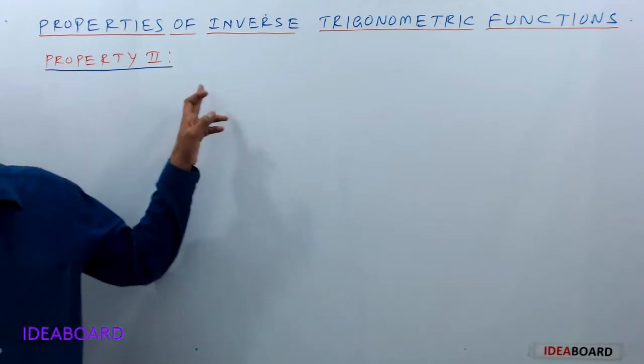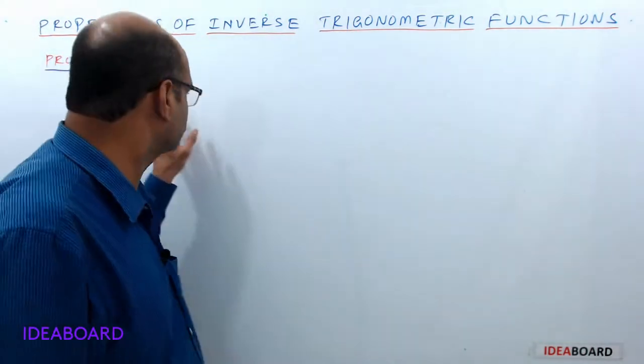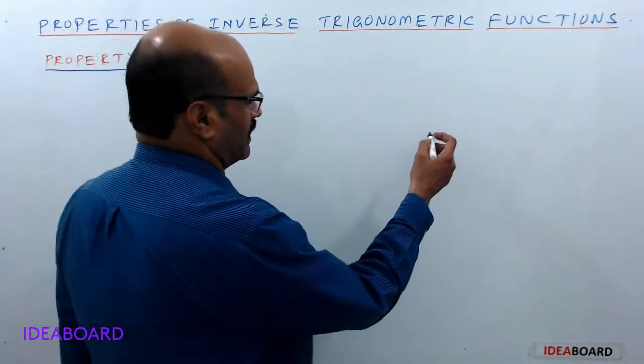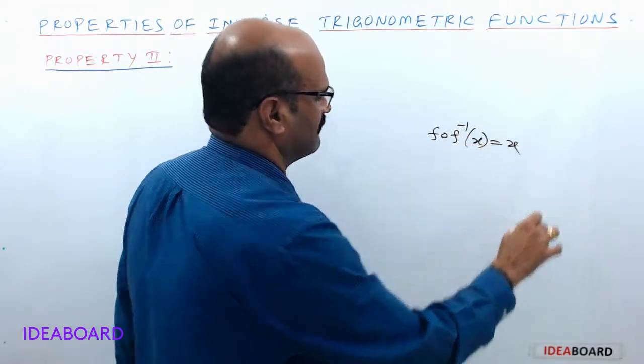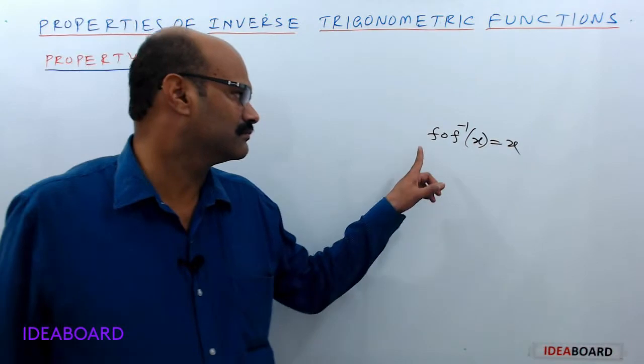Property 2. In this property, we know that f of f inverse of x equal to x, whenever f is a bijection.